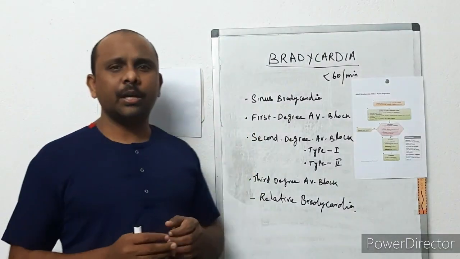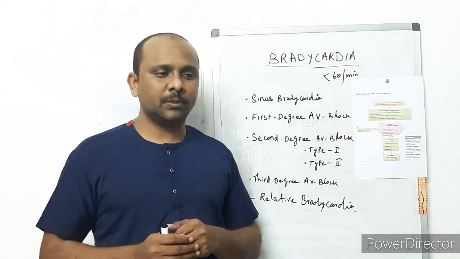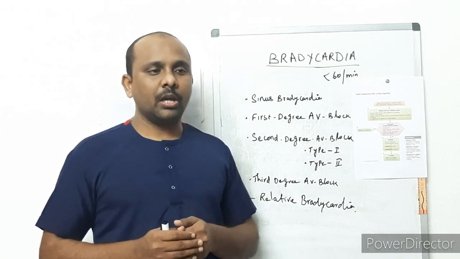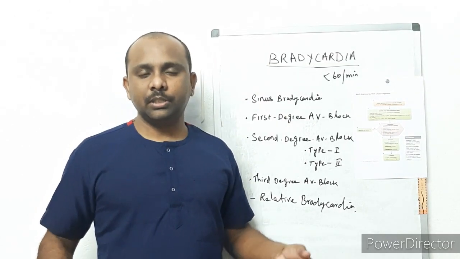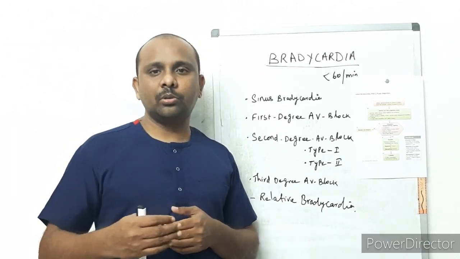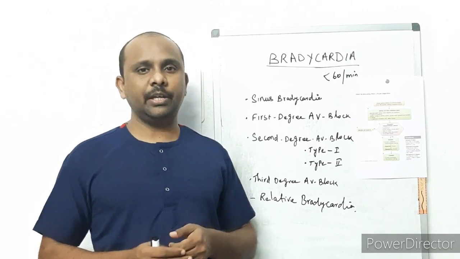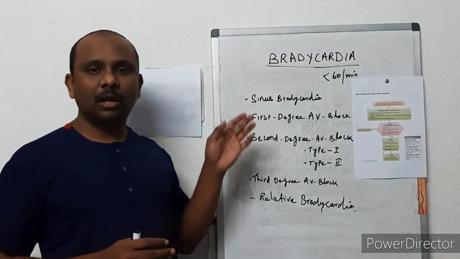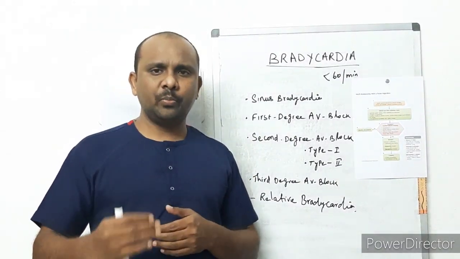Usually sinus bradycardia may be a normal physiological response in some individuals, like athletes who are well trained, or during sleep. These are known as physiological bradycardia. It doesn't need any treatment, right? So all other bradycardias need treatment. So we will go one by one.